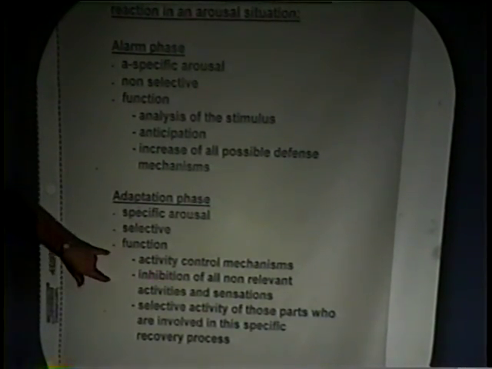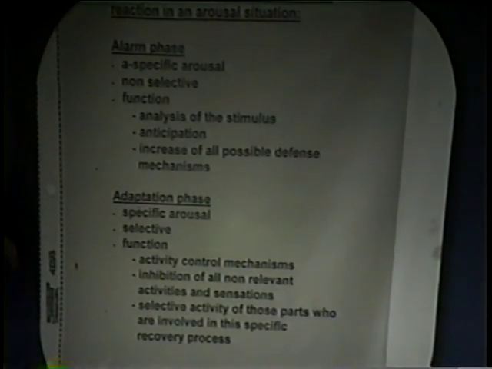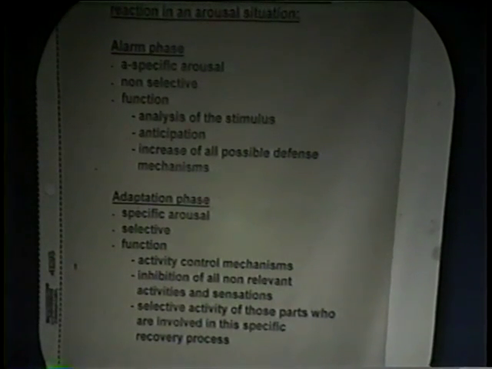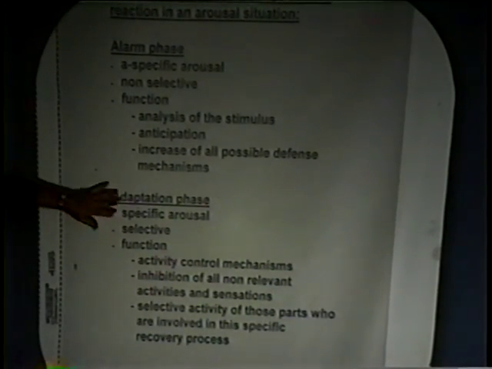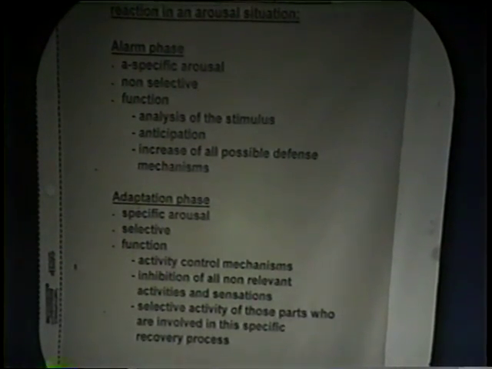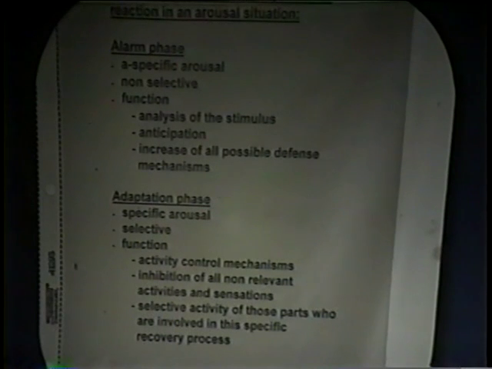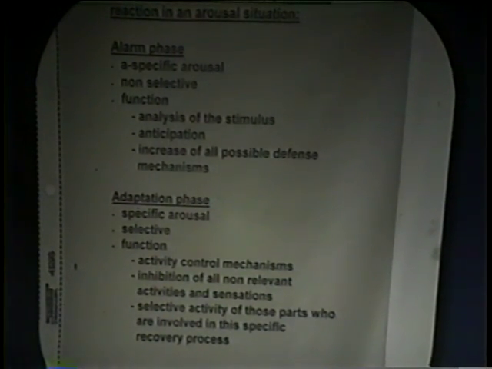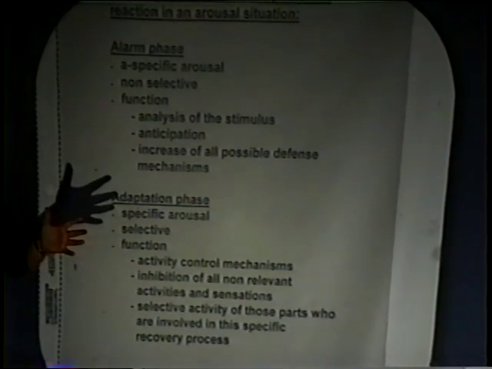So that's why we have to do this before we talk about supraspinal pain modulation, because this will definitely be a part of it. Selective activity of those parts who are involved in this recovery process. So they can concentrate, they can recruit all those mechanisms and point at the situation.